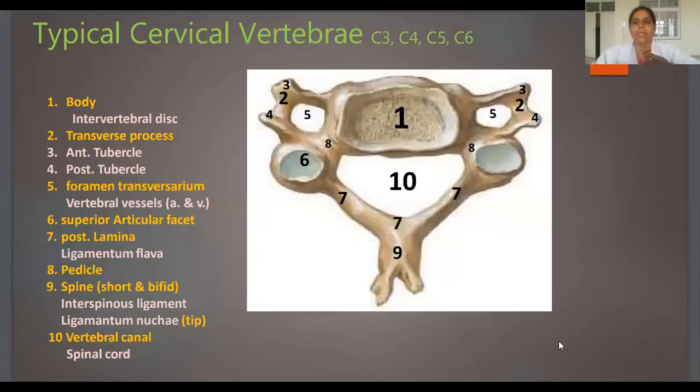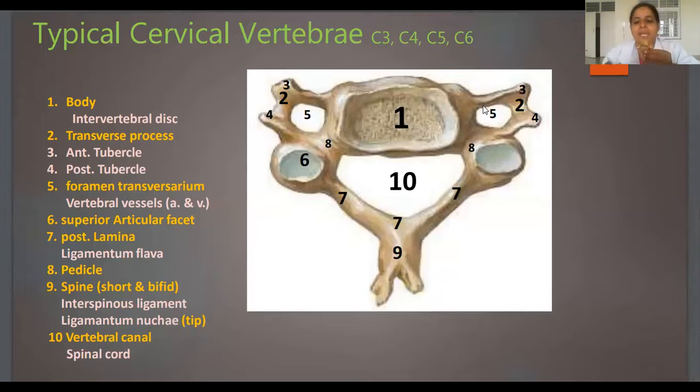Now let us appreciate the same thing with the help of our PowerPoint so that you can make a comparative study. This one is the body. I am simultaneously using this arrow also. This is the body and my finger is on the body. Number 5 is the hole. I am passing the probe to show this. This is the vertebral foramen.